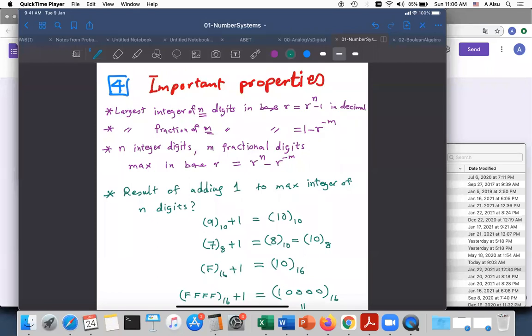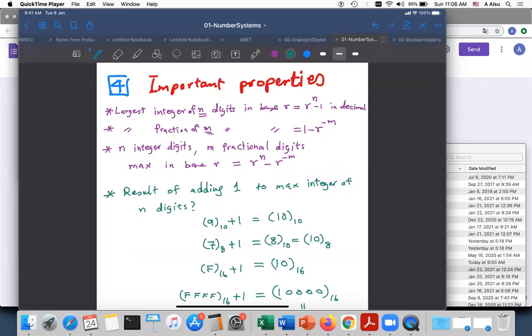And the largest fraction of m digits in base R is equal to 1 minus R to the minus m. If you combine the two, you get R to the n minus R to the minus m, which is the largest number that you can represent in base R with n integer digits and m fractional digits.